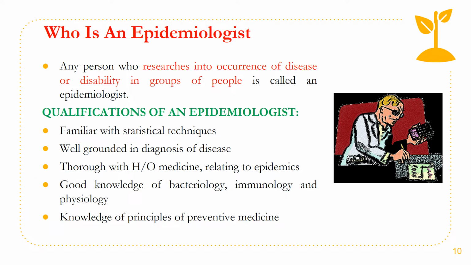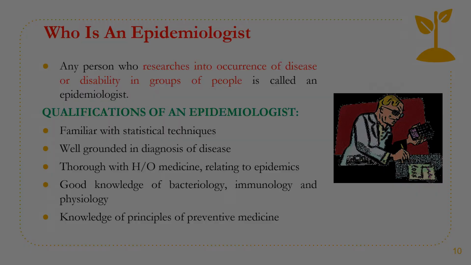Coming to the qualification, an epidemiologist should be familiar with statistical techniques, well grounded in diagnosis of disease, thorough with the history of medicine relating to the epidemics, then have good knowledge of bacteriology, immunology, and physiology, then knowledge of principles of preventive medicine. So if you have all this qualification, then you can be an epidemiologist.